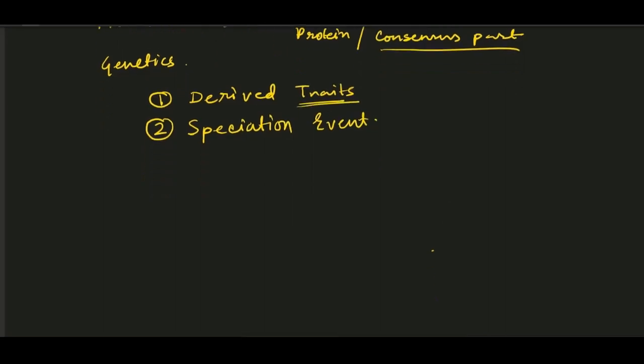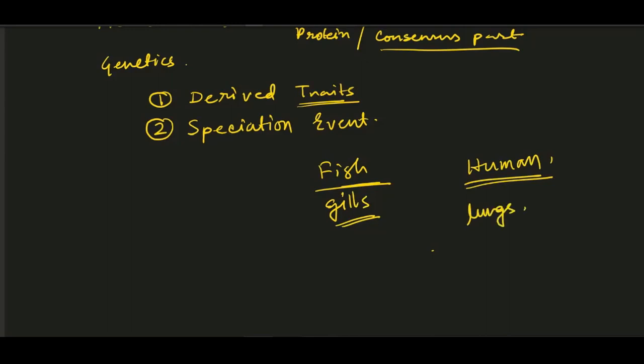Now let's say we have some common thing with fishes. Fish is also an ancestor of us. So let's say fish uses gills for respiration, but human uses lungs.